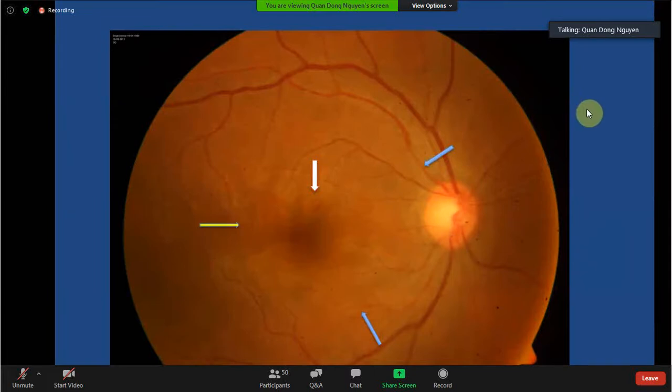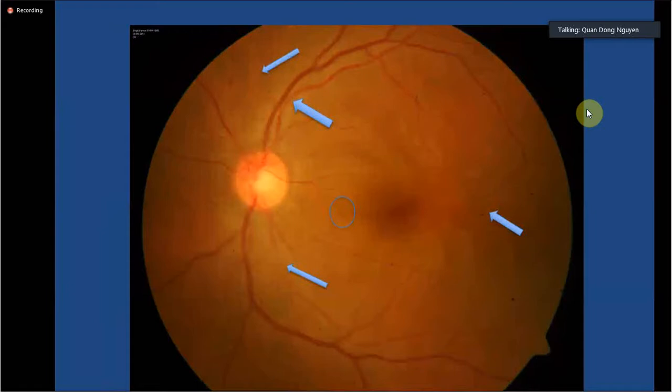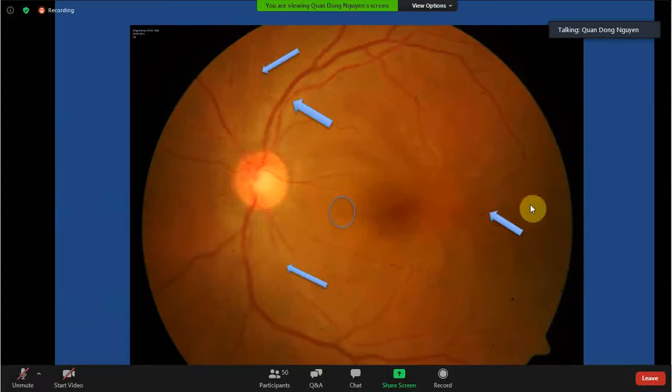Now this is the left eye, showing something similar as well: white lesions along the fine arterial and venous perivascular network. Dr. Foster pointed out there is evidence of vascular inflammation here, a vasculitis without any sheathing.